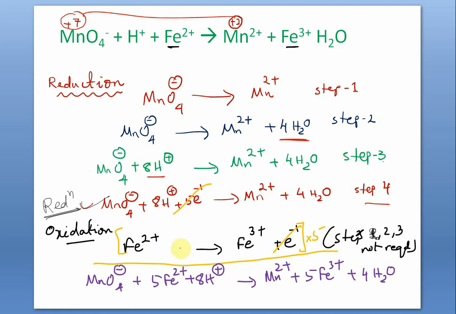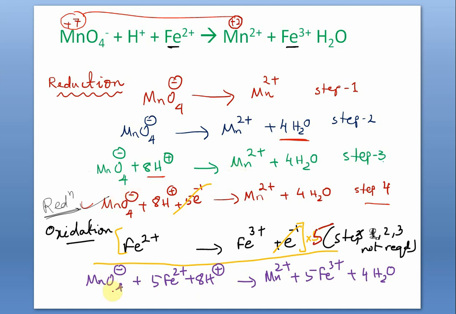Now you add the 2 steps. Reduction step and oxidation step have to be added up, and you have to cancel electron. Electron balance has to be done. Here 5 electrons, here 1 electron. Therefore, you have to multiply by 5 here. So 5 electrons get cancelled.